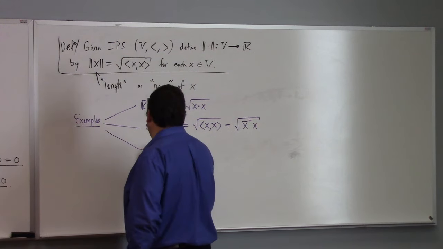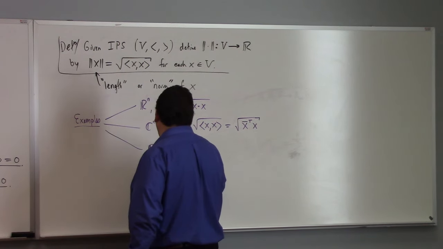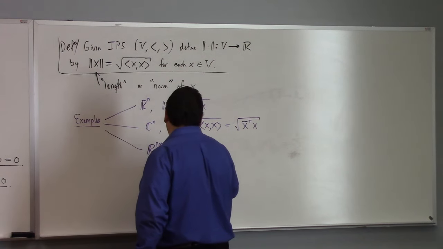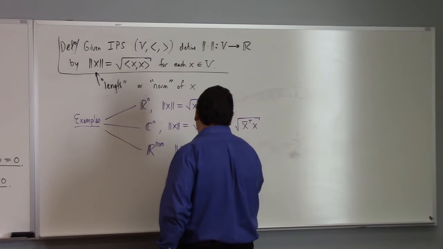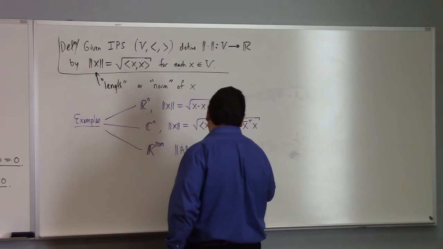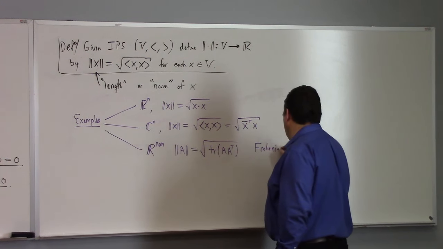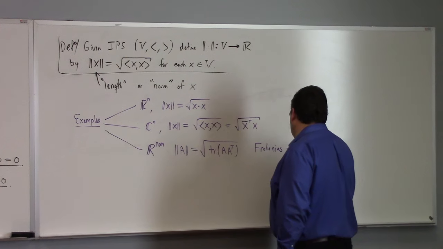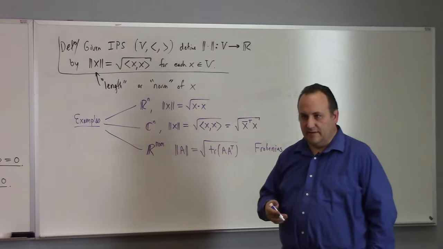For n by n matrices, the length of A is equal to the square root of the trace of A A transpose. This is also called the Frobenius norm, just like the inner product was called the Frobenius product. I think I failed to say that today up till now.